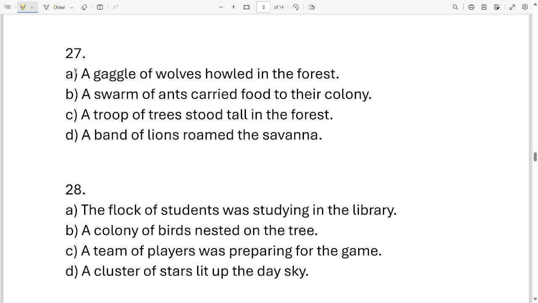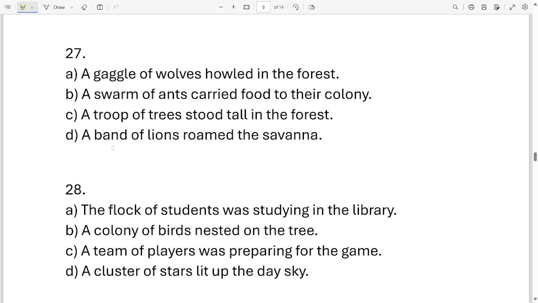This question also has 4 options, out of which one sentence has used the collective noun properly. You have to identify which one it is. The first sentence is, a gaggle of wolves howled in the forest. Next sentence, a swarm of ants carried food to their colony. Next sentence, a troop of trees stood tall in the forest.